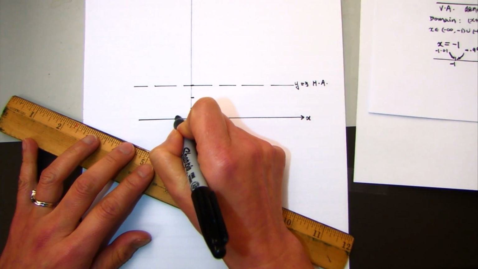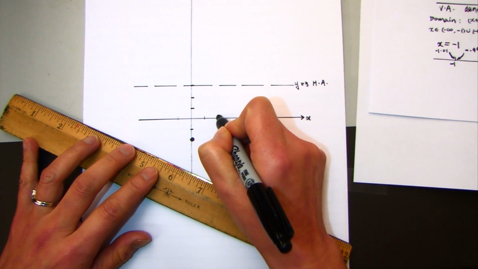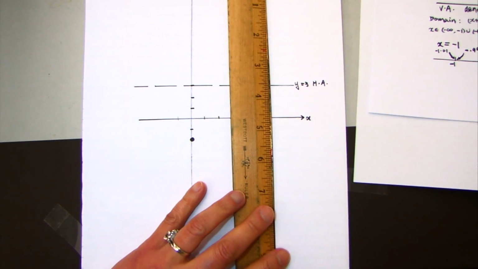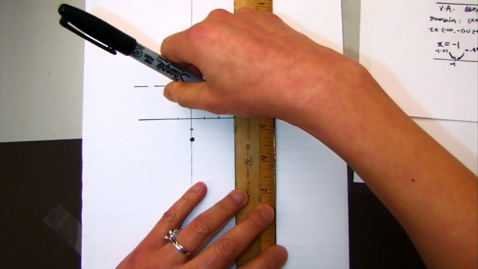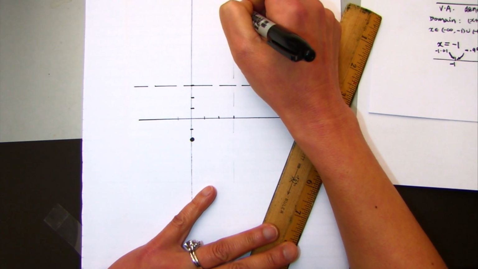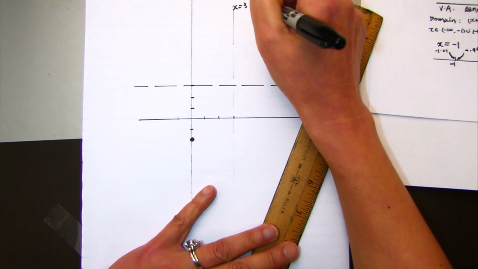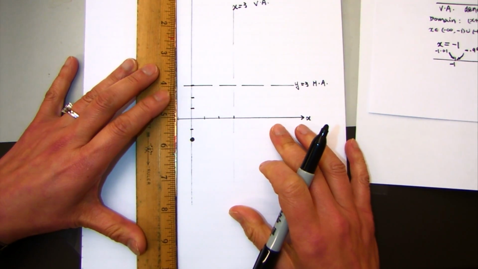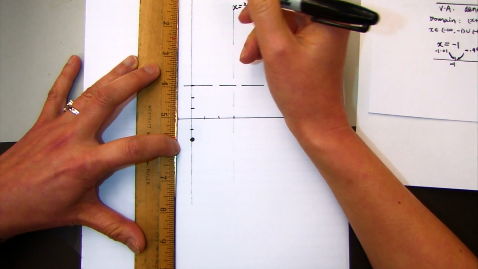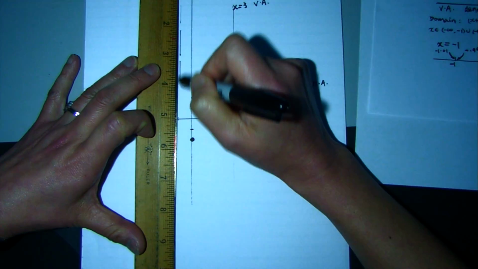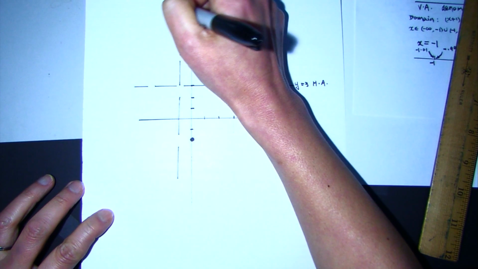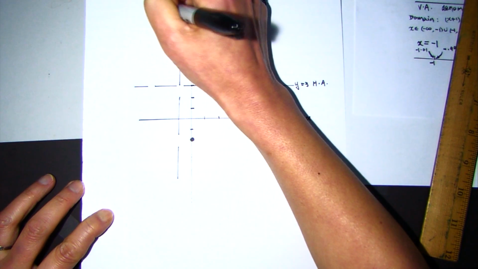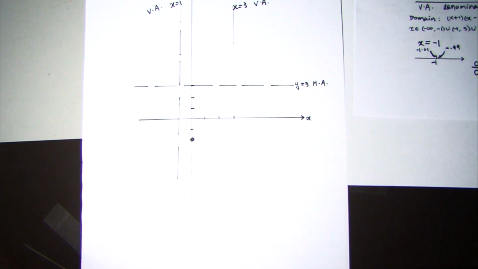Okay. And then we have two vertical asymptotes at x equals -1 and x equals +3.